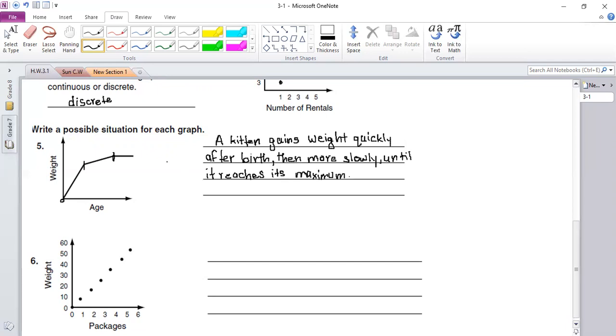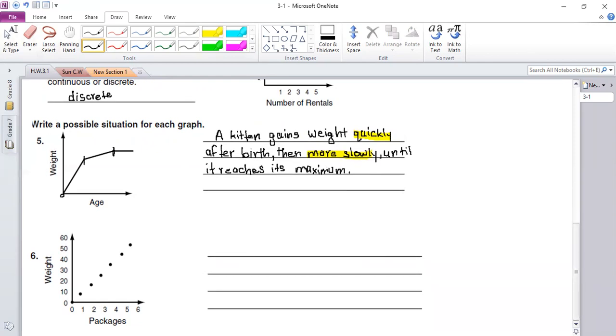It will gain more weight, which is not good for them, right? So this is how you have to interpret the graph. Now, which are the important words here? This is important: quickly, more slowly, and until it reaches its maximum, or you could write the weight stays constant. Okay, so that's how you write it.